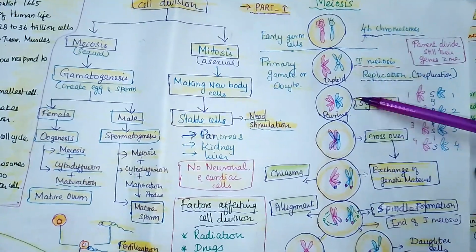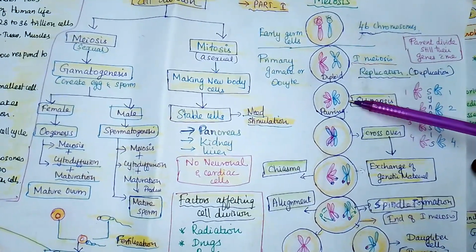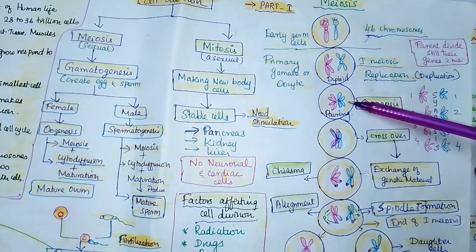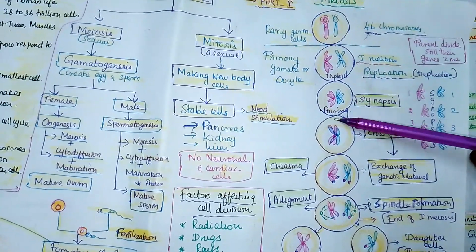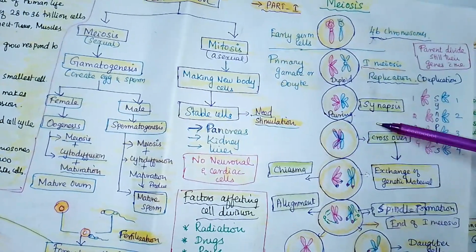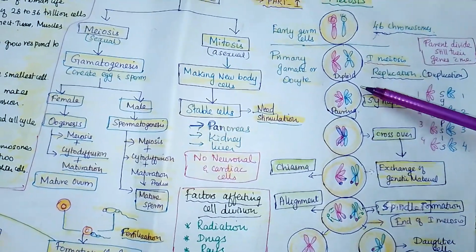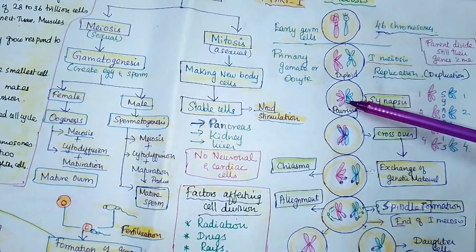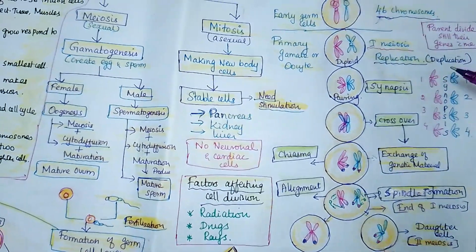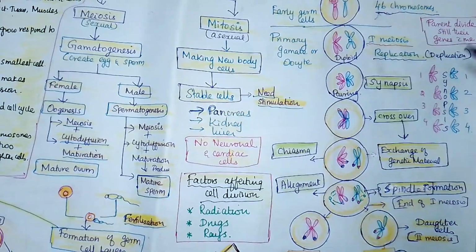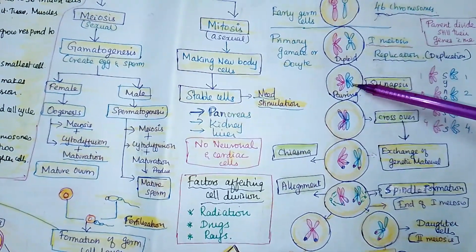Okay, what is called synapsis? Synapsis is called pairing. So from the father's side and the mother's side, they pair with each other. How does this pairing take place? They stand in one place in order. What is present inside this chromosome?